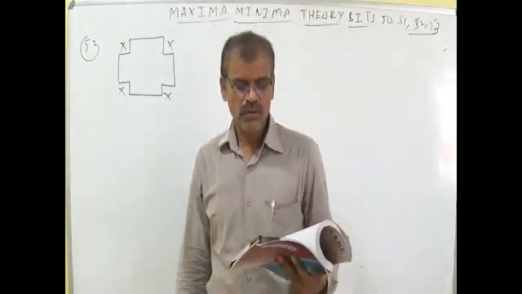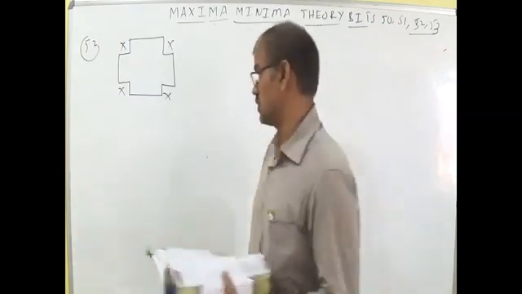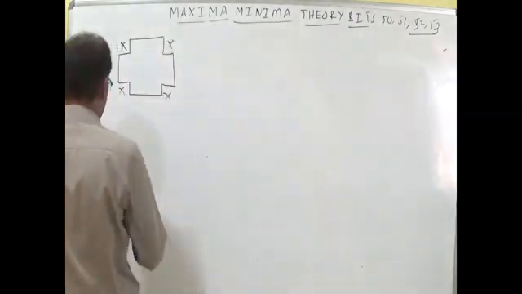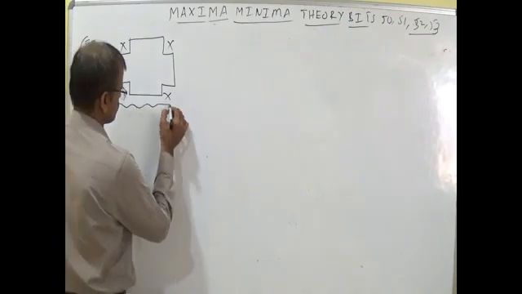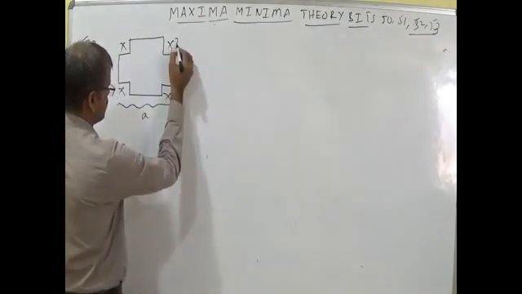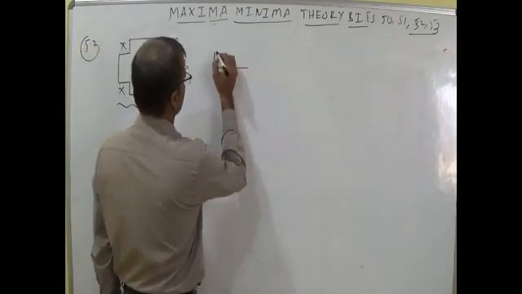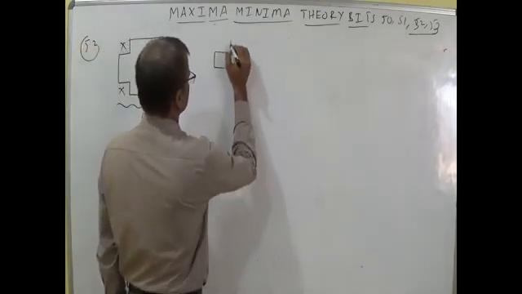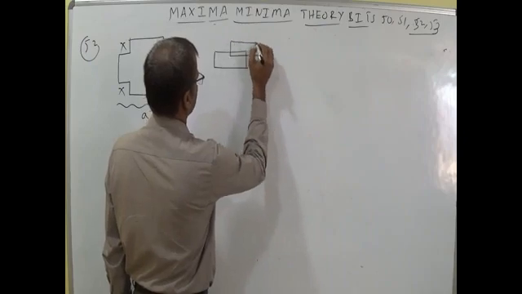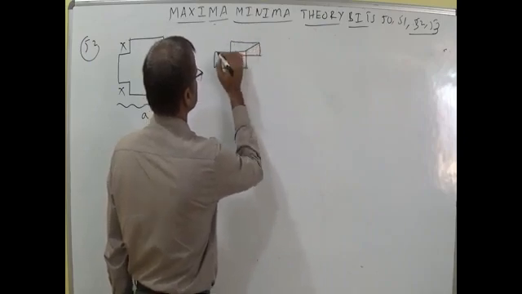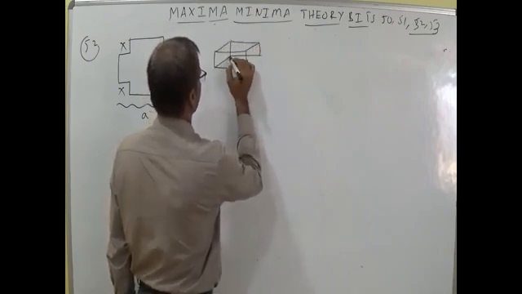When the volume contained in the box is maximum, then you should find the depth x. This is a, the length. This is the breadth. An open rectangular box is nothing but a parallelepiped.